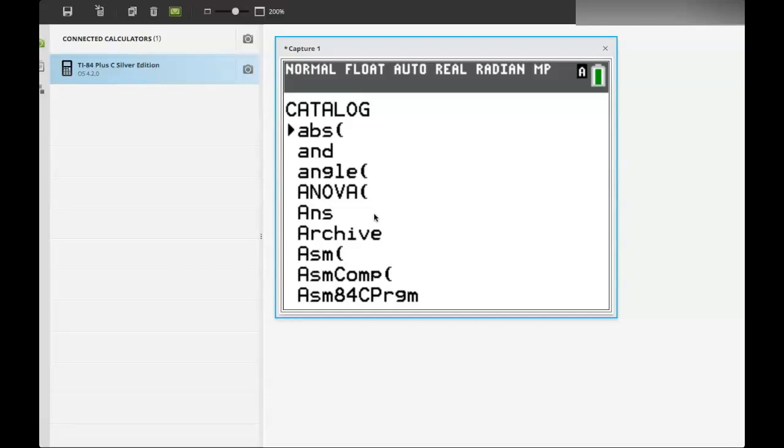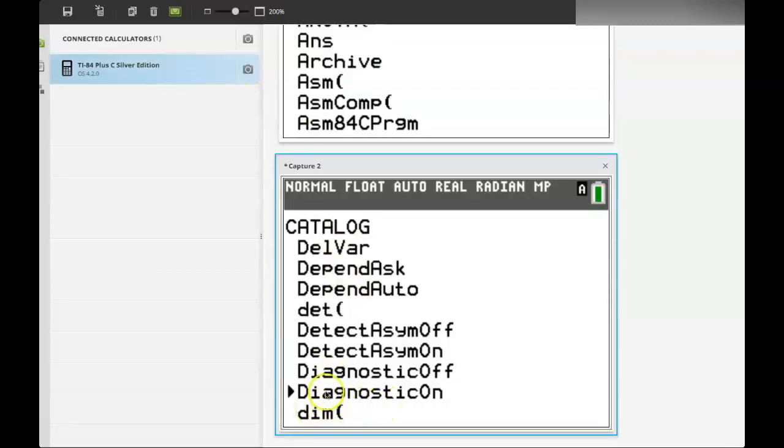Scrolling down to find Diagnostic. Okay, so here is DiagnosticOff. Here is DiagnosticOn. You should choose that one and then enter, again enter. So you should see Done.